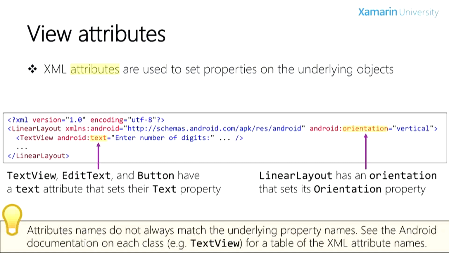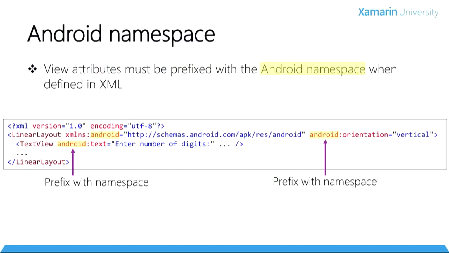Android requires that when you set an attribute, you prefix it with the Android namespace. And the Android namespace is this string right here, http://schemas.android.com/apk/res/android. The prefix that we define, where we set this namespace, xmlns:android, that string there, android, has no special meaning, and that prefix can be anything you want.